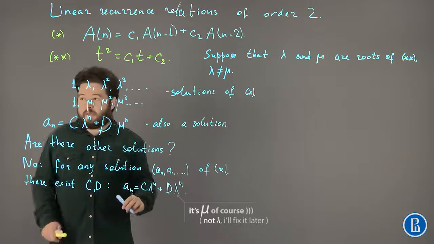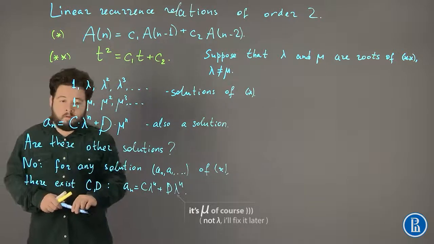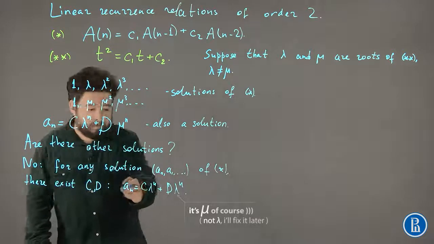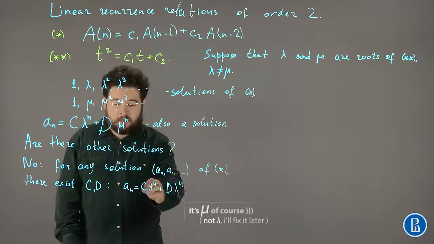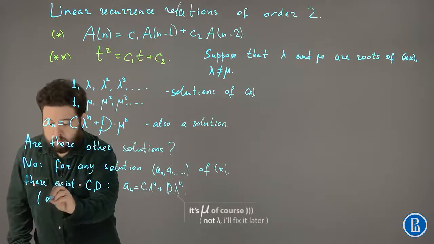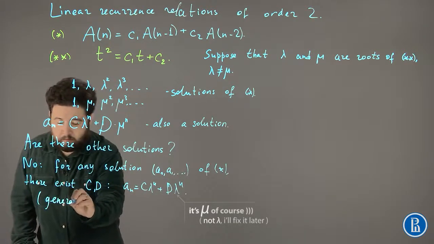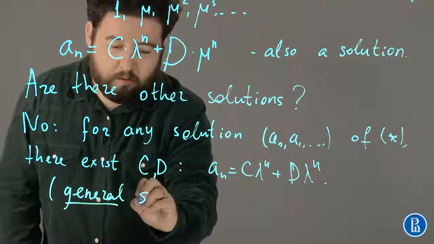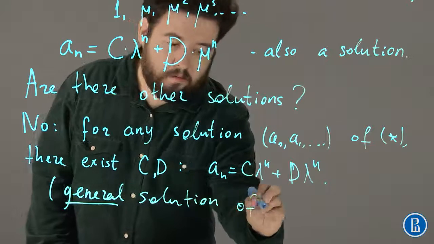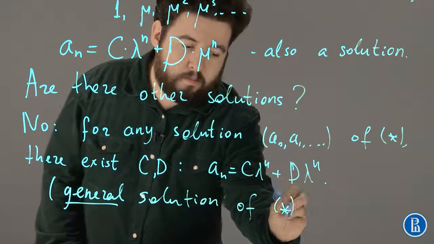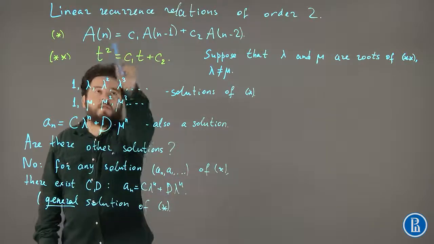Okay, let us show this. By the way, this solution with C and D as parameters is called a general solution of this equation star.